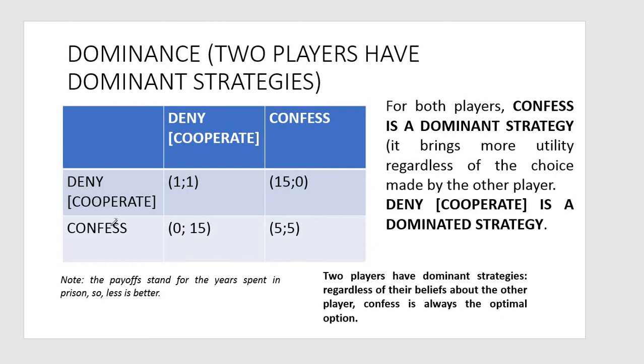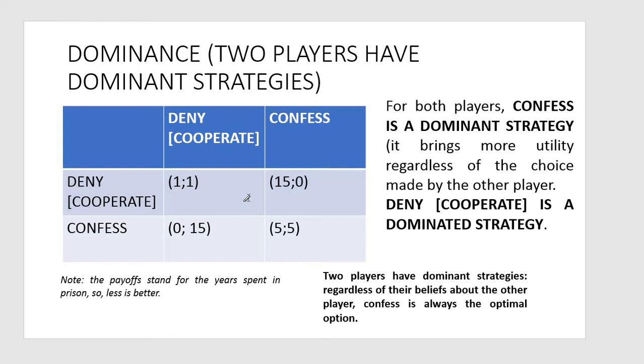If the first player decides to cooperate and the second confesses, then the cooperating player gets 15 years in prison, and the one who confessed gets 0. He is just free to go immediately. Finally, if both of them confess, they get 5 years each. So please keep in mind that these payoffs stand for the years spent in prison. So basically, less is better in this case.